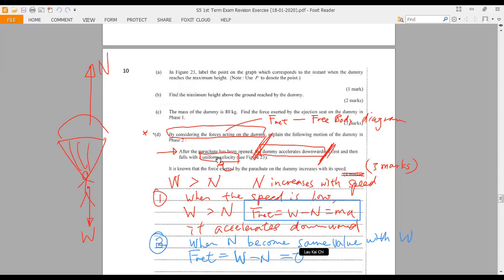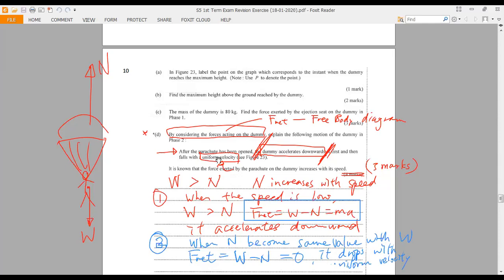So when the two forces become the same, that would become uniform velocity, okay? It drops with uniform velocity. So that is the answer for question 10, part D.